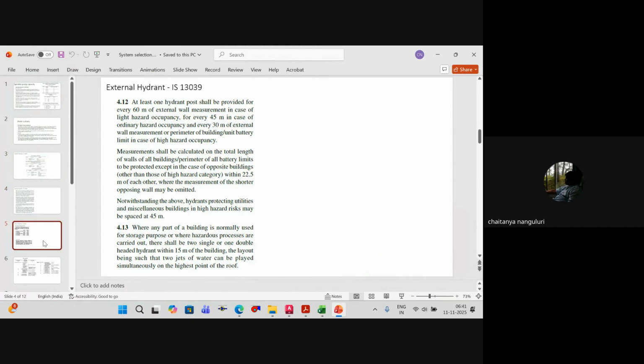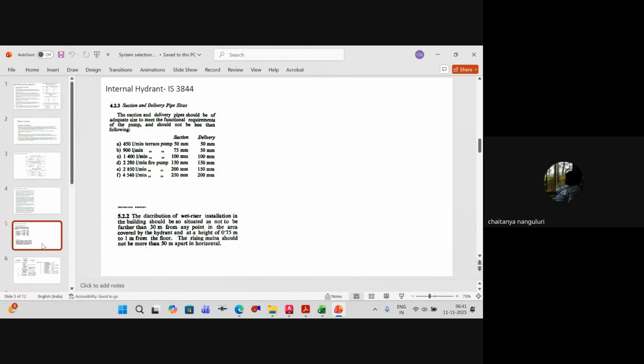Just a sec. There's even a code for that as well. This is your pipe sizes. Internal hydrant.